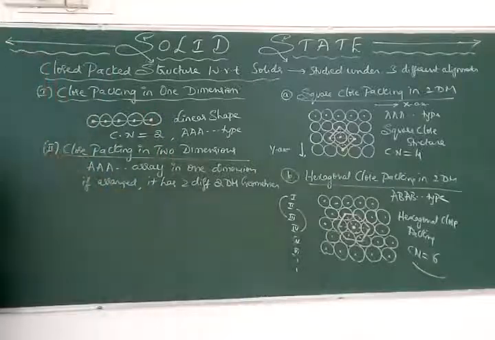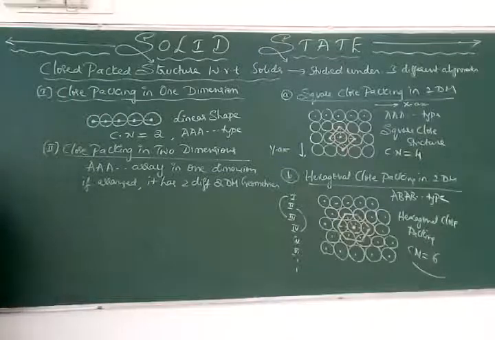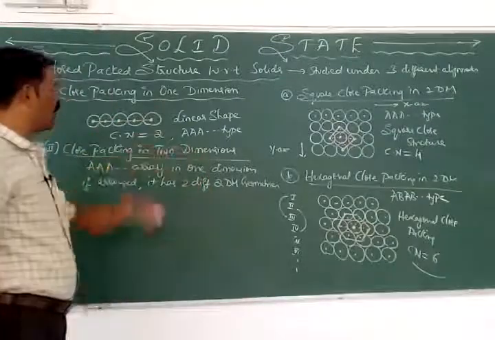Okay, so now lastly we will move on to the third one, that is called close packing in three dimensions. So I think this was close packing in one dimension, close packing in two dimensions.